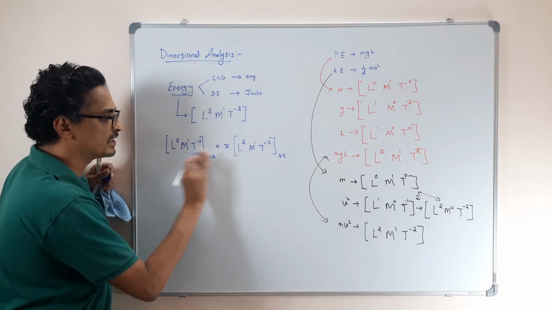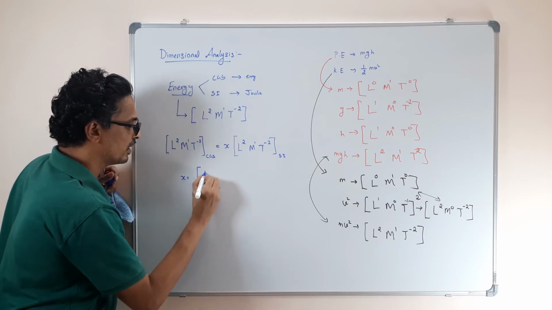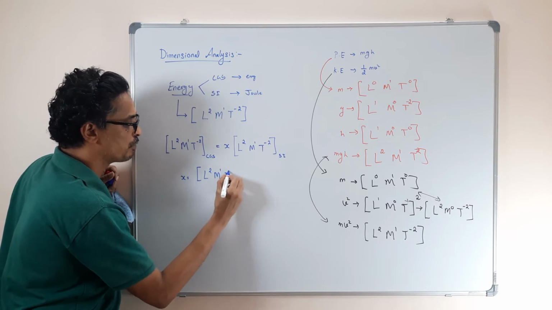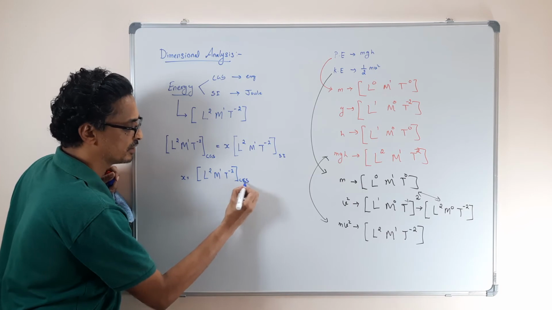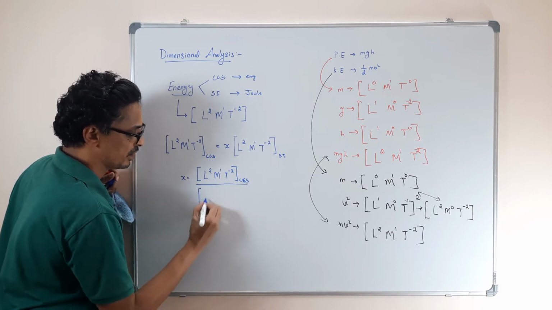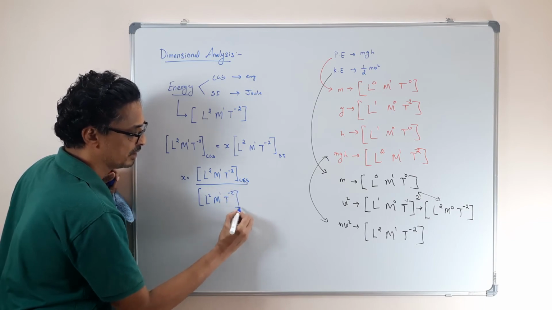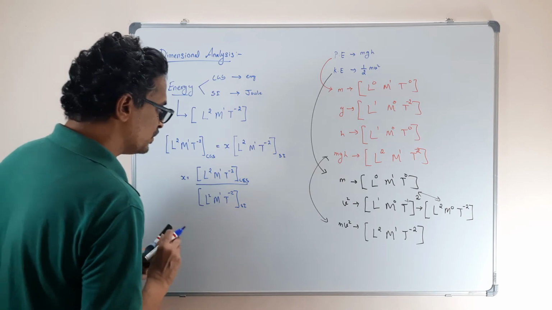X will be this divided by this. Am I right? So this will be L square M1 T power minus 2 in CGS, divided by L square M power 1 T power minus 2 in SI. So then what happened?